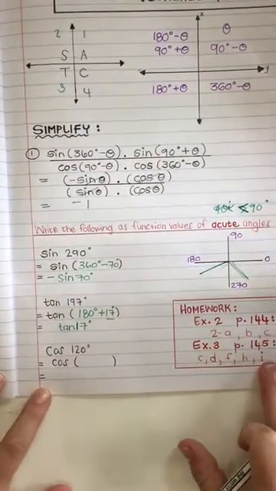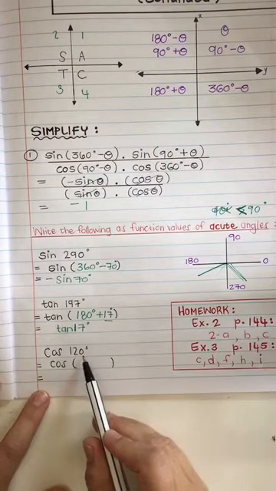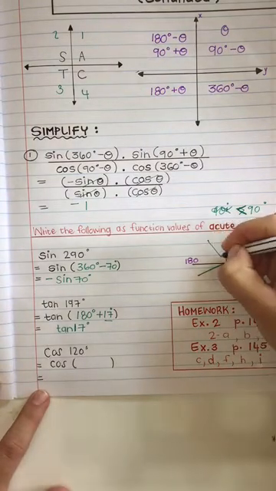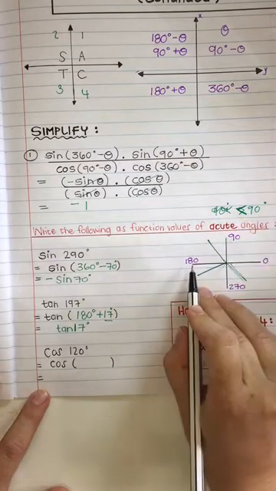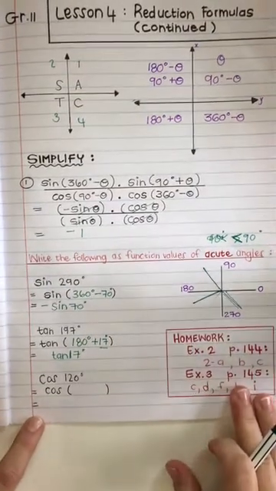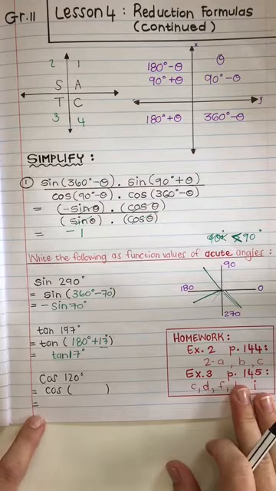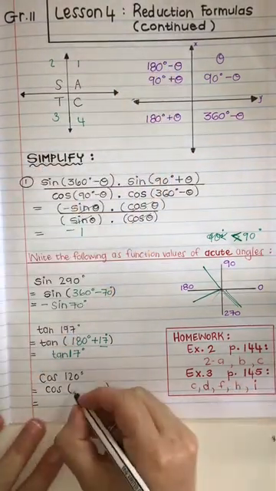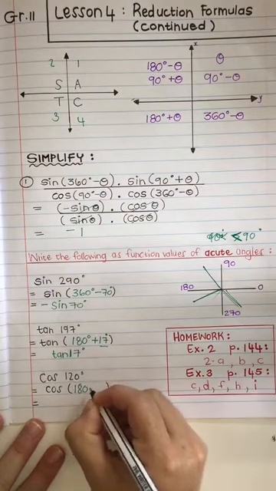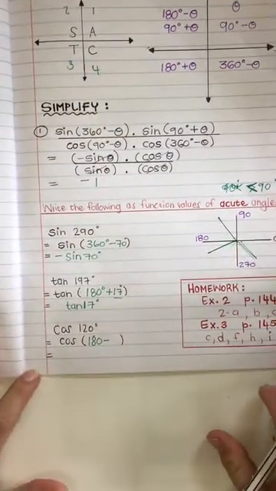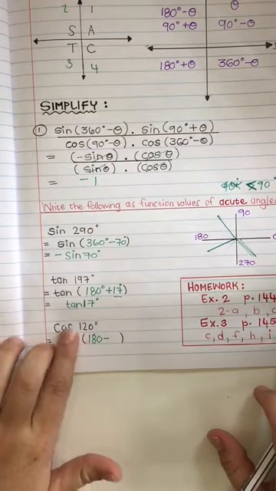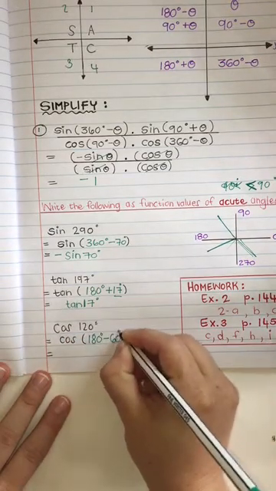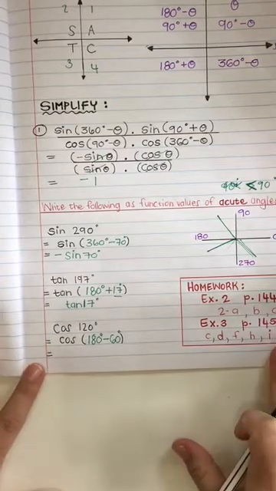Okay, then the last one, cos of 120. 120 will lie somewhere here between 180 and 90. And in the second quadrant, we work with 180 minus theta. So we say 180 minus, what will we have to subtract from 180 to get 120? 60. Yes. Okay.